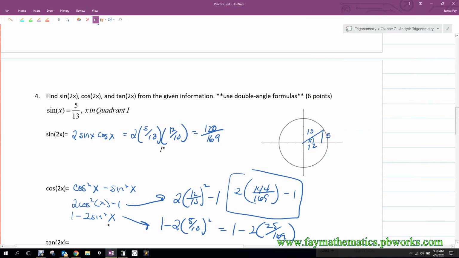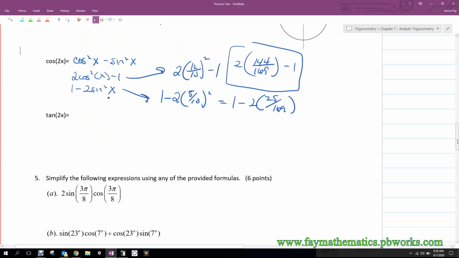So now you can use the double angle formulas for tangent if you want to. I'm not going to because I know tangent of 2x is equal to the sine of 2x divided by cosine 2x.